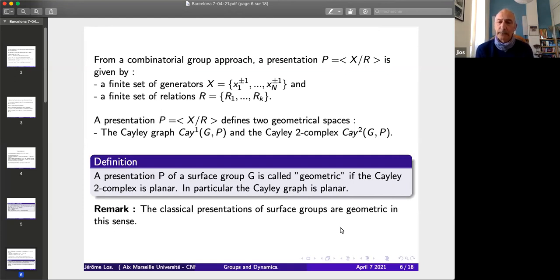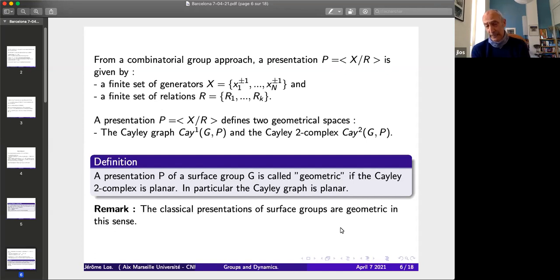What's the Cayley 2-complex? Remember the Cayley graph: it's the graph where the vertices are the group elements, and you have an edge between two elements if these two group elements are connected by a single generator. So it's a graph, and it's a metric space because you can declare that each edge of this graph has length 1. The Cayley 2-complex is the complex that you obtain by gluing to this Cayley graph a collection of 2-cells.